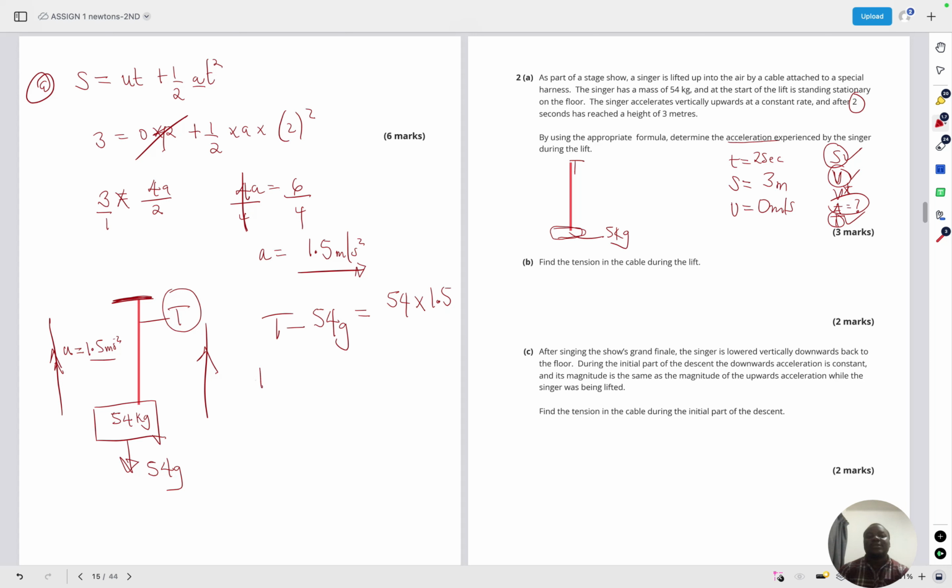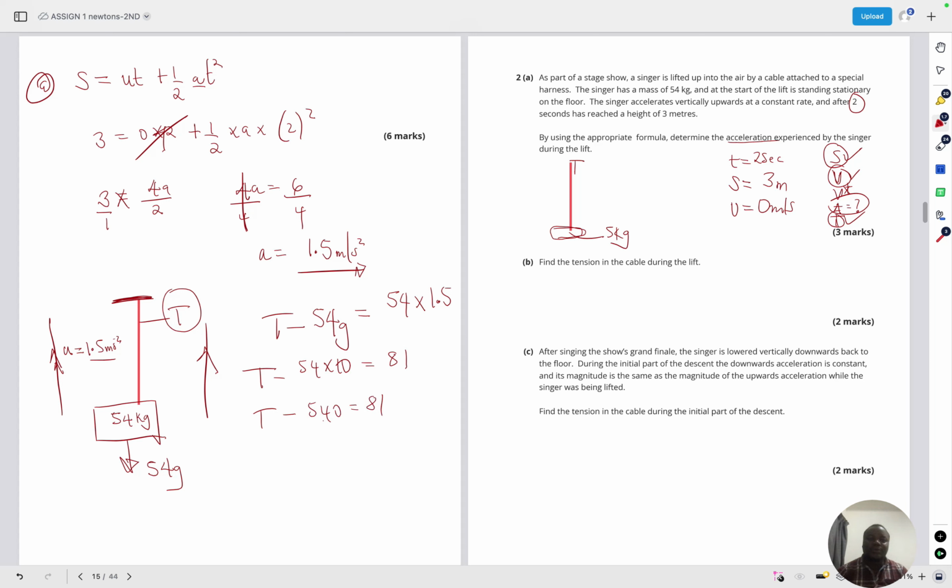So tension minus 54 times 10 equals 54 times 1.5. If I punch that on my calculator, I get 81. So this gives me 81 here, and on the other side I've got minus 540 equals 81.